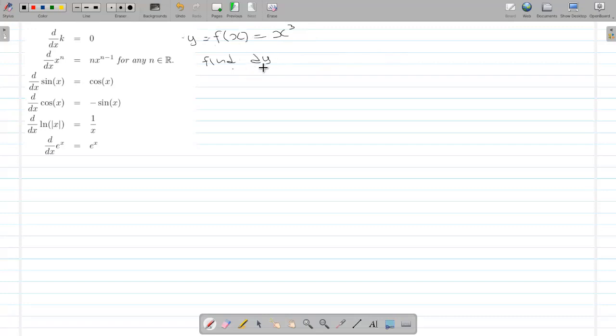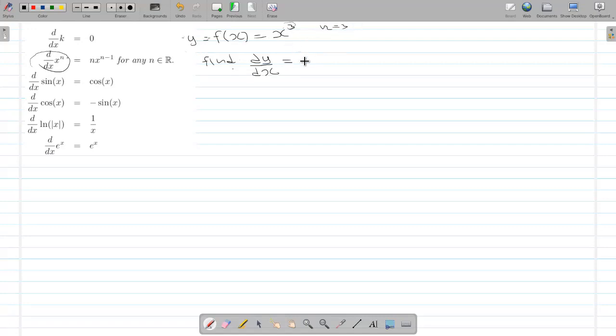If I want to find the derivative of this, you compare it. It looks like x to the n, no? So here I identify the n. n is 3.